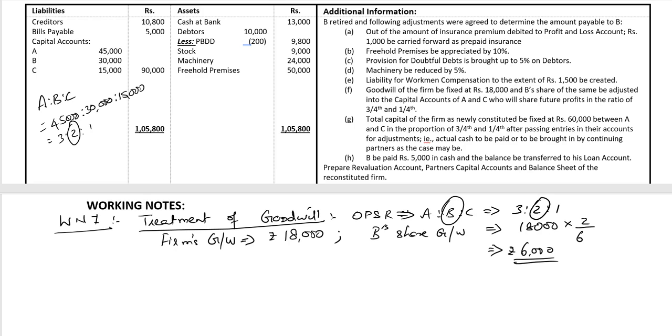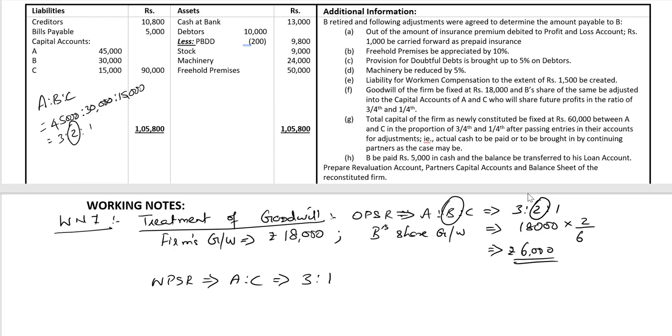Now, as per point F, the NPSR between A and C is 3:1. If the NPSR is 3:1, the gaining ratio should also be 3:1, because we say that where no information is given, the gaining ratio is equal to the NPSR, which is the ratio between A and C, 3:1.